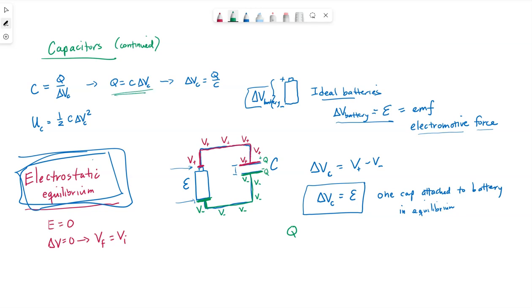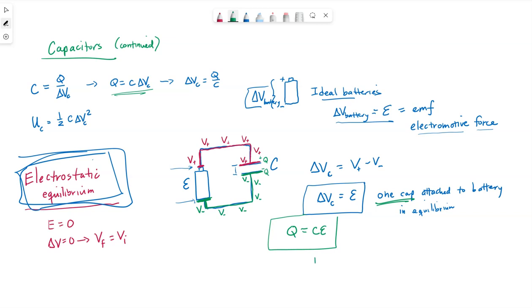In our equations up here, Q means just the magnitude of the charge on either plate. Well, that Q is C times delta V, but we now know delta V is equal to the battery voltage if we have only one capacitor attached to the battery. Awesome.